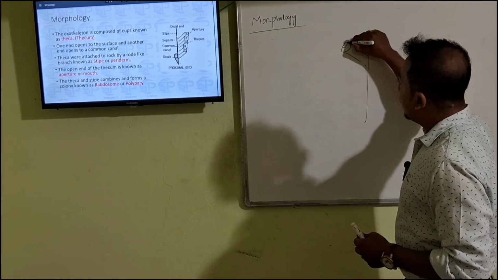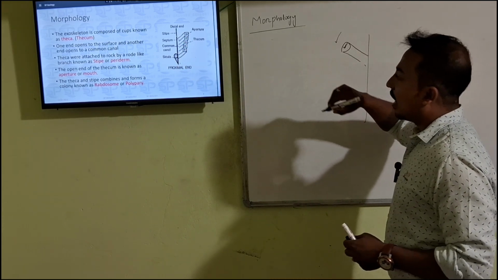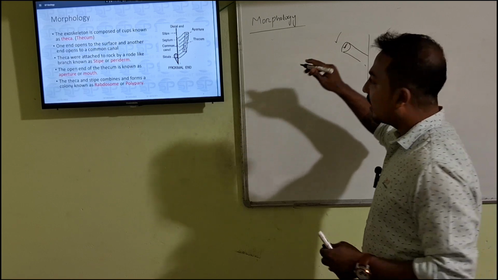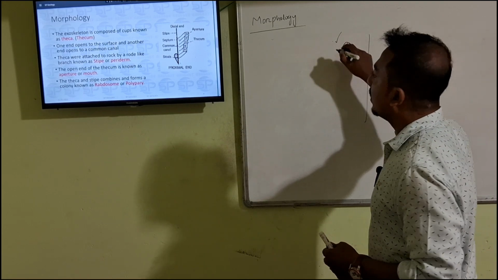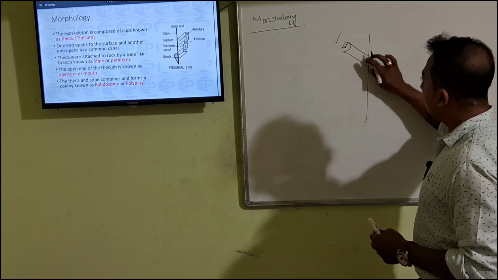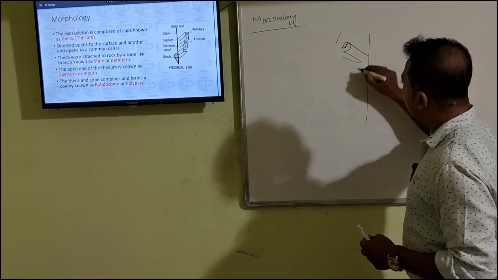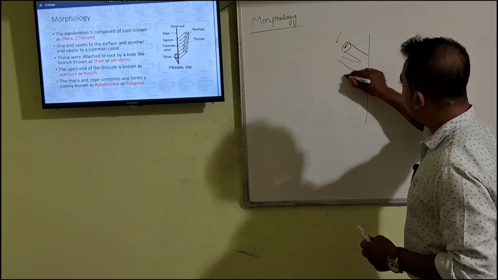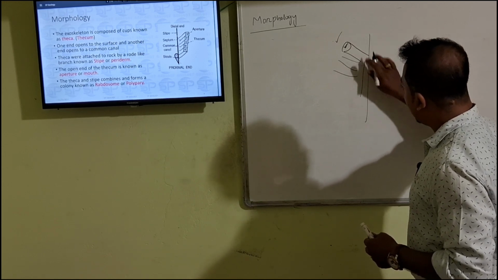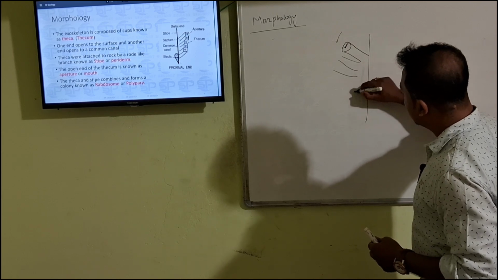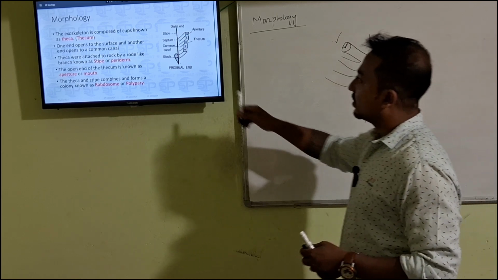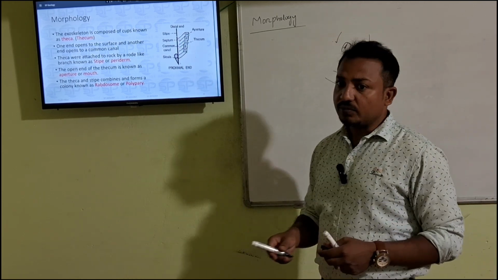Its one end is open to the outside, or to the surface, and the other end opens to a common canal here. This is the open space.